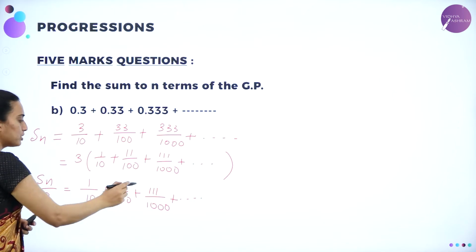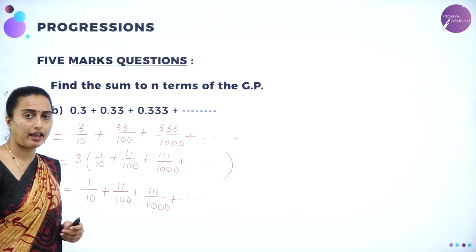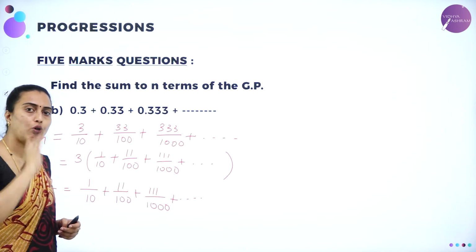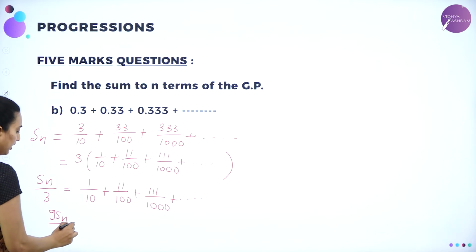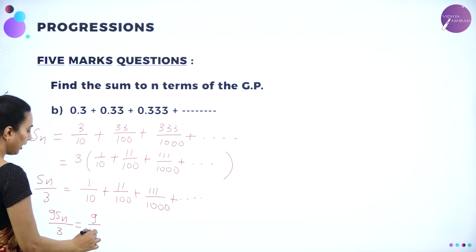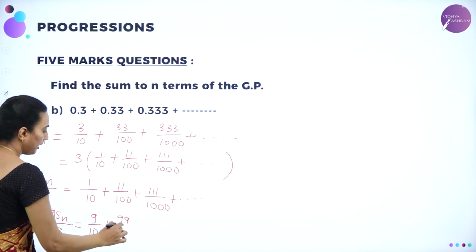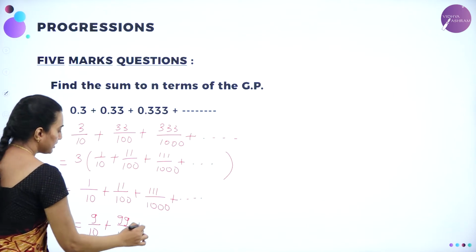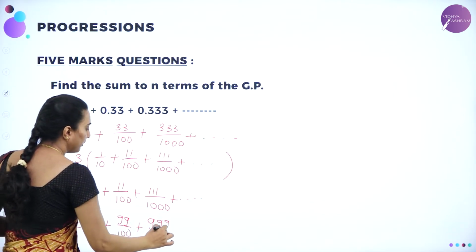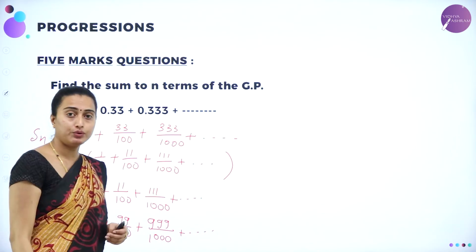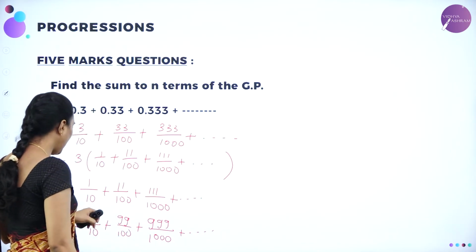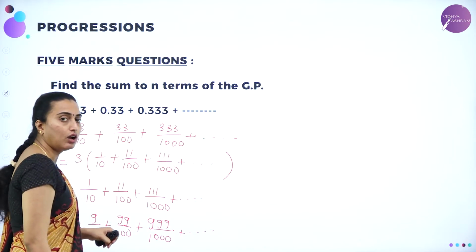Now, I want to make this 1 as 999, so multiplying throughout by 9, you are going to get 9Sn divided by 3 is equal to 9 by 10 plus 99 by 100 plus 999 by 1000 plus etc. Now, 9 by 10, how can I write it?